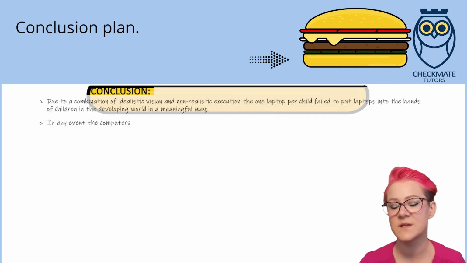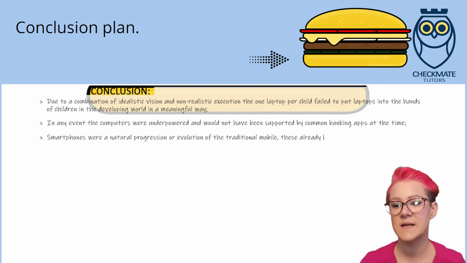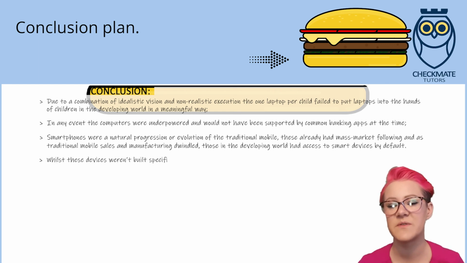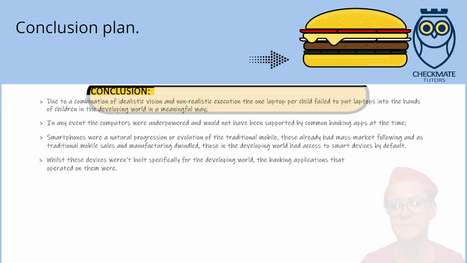In any event, the computers were underpowered and would not have been supported by common banking apps at the time. Smartphones were a natural progression or evolution of the traditional mobile. These already had mass market following, and as traditional mobile sales and manufacturing dwindled, those in the developing world had access to smart devices by default. Whilst these devices weren't built specifically for the developing world, the banking applications that operated on them were.